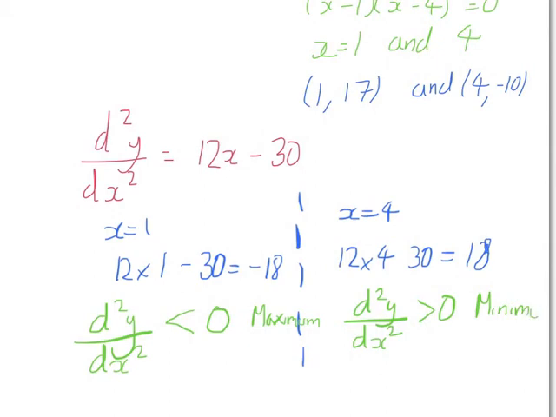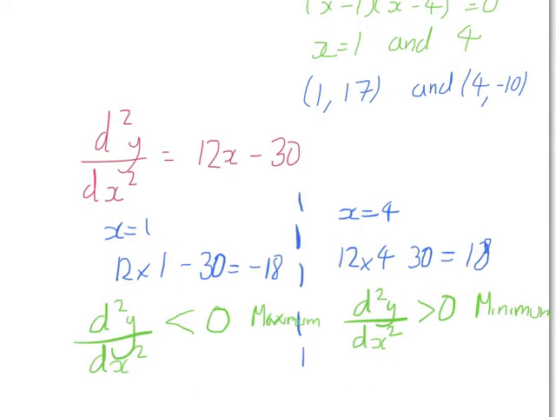Now, the only time you need to worry is if you have it equal to 0. It may mean it's a point of inflection, it may mean it's a maximum, it may even mean it's a minimum, and the only way to decide which one it is is to try the method we've just done on the previous example, to consider the points on either side of the stationary point and look at the gradients.